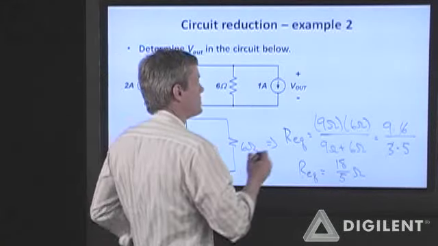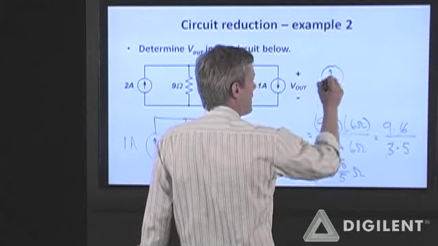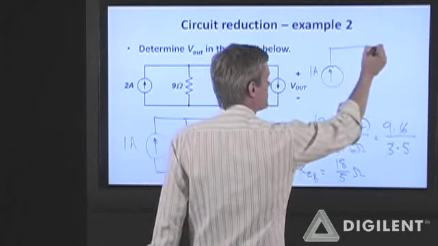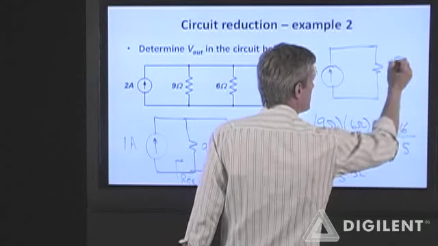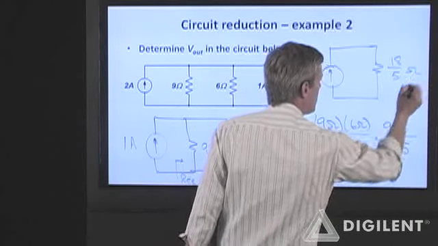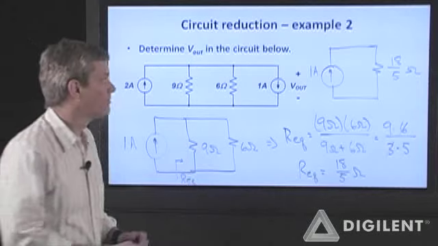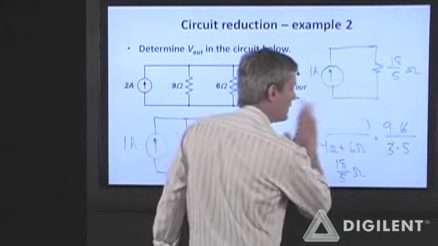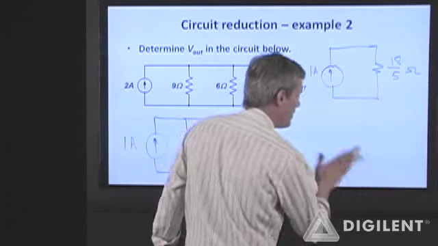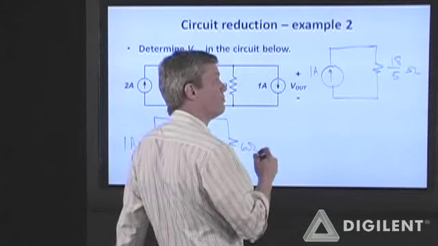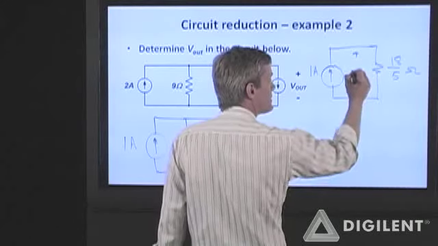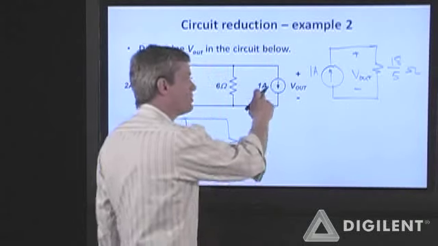So now this circuit can be rewritten as a 1 amp source going into a resistance, which is 18/5 ohms. And I can now determine the voltage drop across this equivalent resistance using Ohm's law. This is still V out.